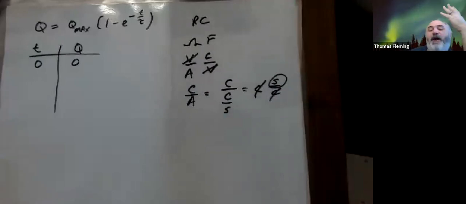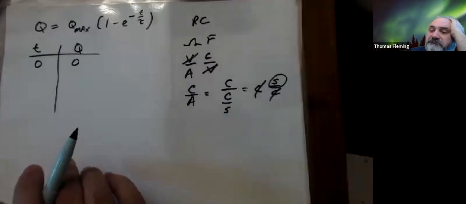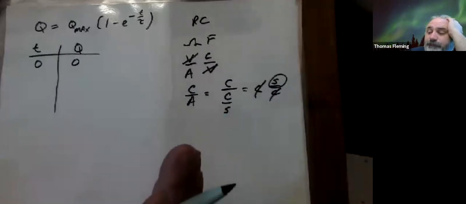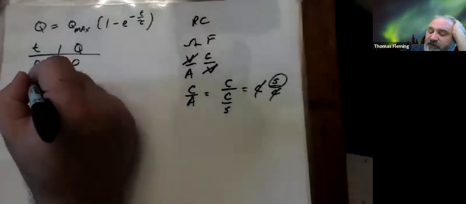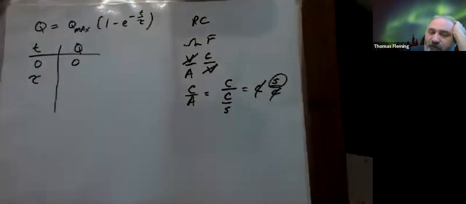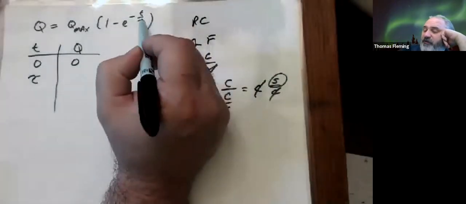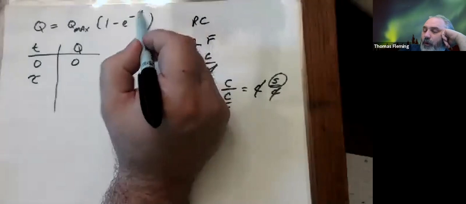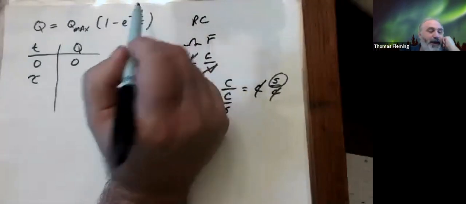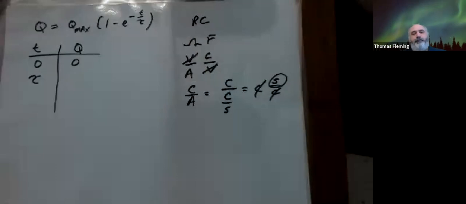So let's imagine that I've got a circuit where an RC is like 10 seconds. So I'm going to wait 10 seconds, or 1 time constant. How much charge am I going to have at that moment? Well, if t is the same thing as tau, I have tau over tau, that's 1. So I'd have e to the negative 1 power. So I'm going to bust out my calculator and figure out what e to the minus 1 power is. There we go.